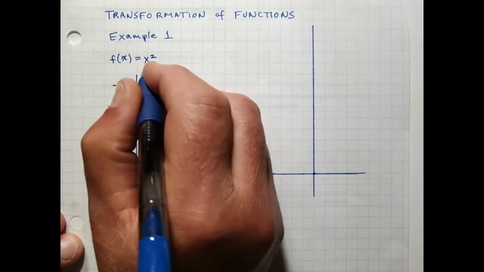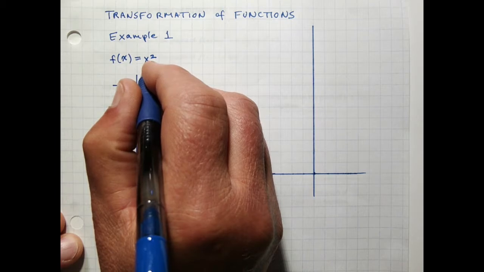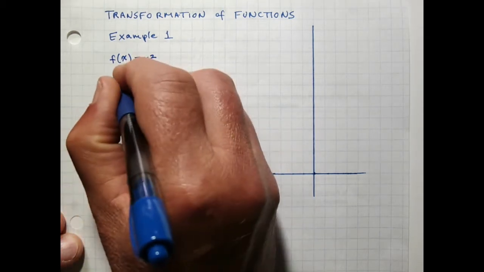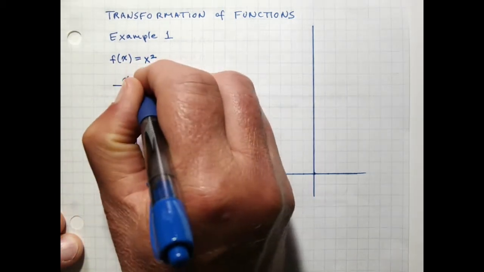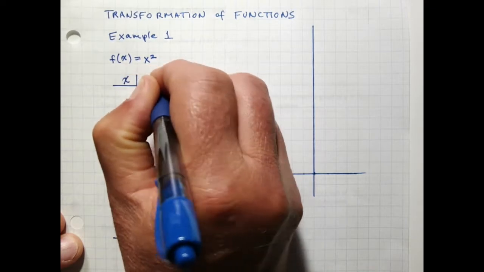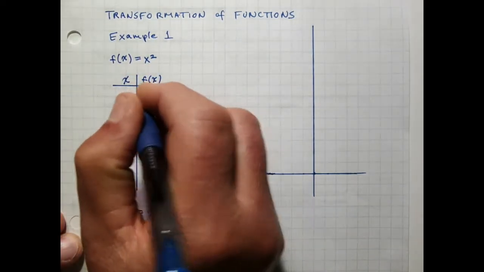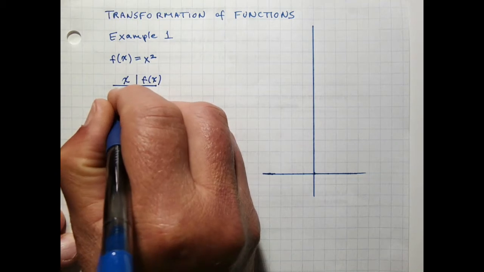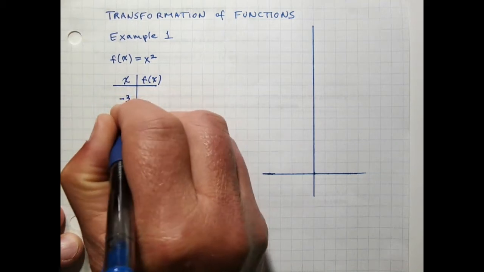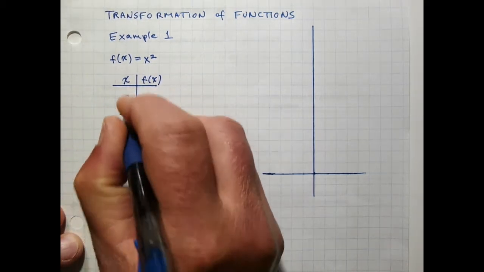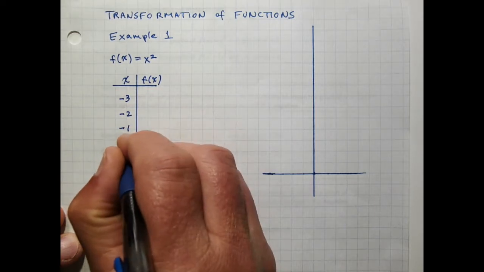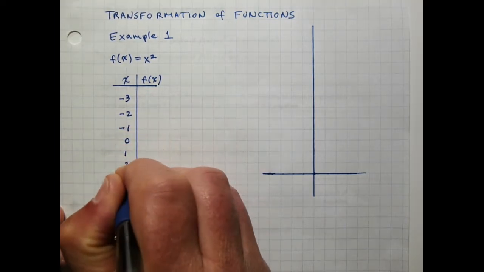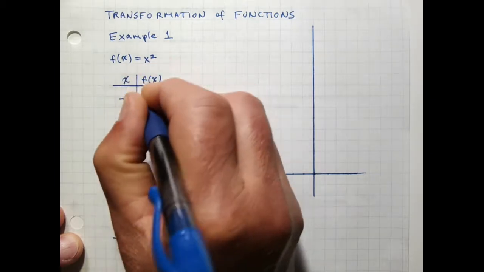In fact, we've graphed f of x equals x squared already in this course. Now I'm going to set up a table of values. I'm just going to pretend here like I'm unfamiliar with it, and if I have no idea where to start, I might just pick some x values like -3, -2, -1, 0, 1, 2, and 3, and evaluate the function, right?